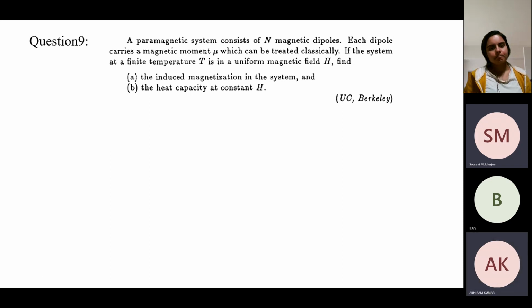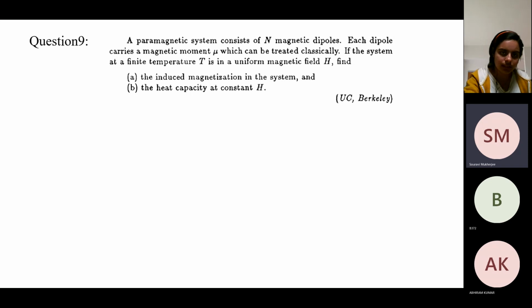Then you use the relation of magnetization with Helmholtz energy. Yes, you can do that. You can always follow that procedure of finding the partition function, finding the free energy and then each of the parameters. But that makes the thing lengthy.